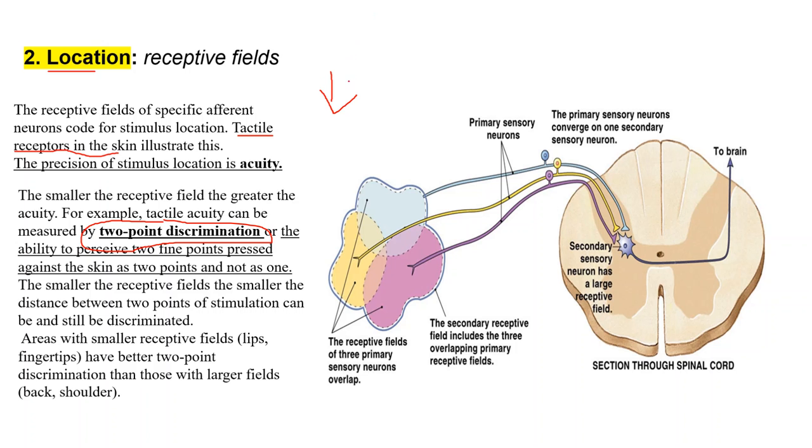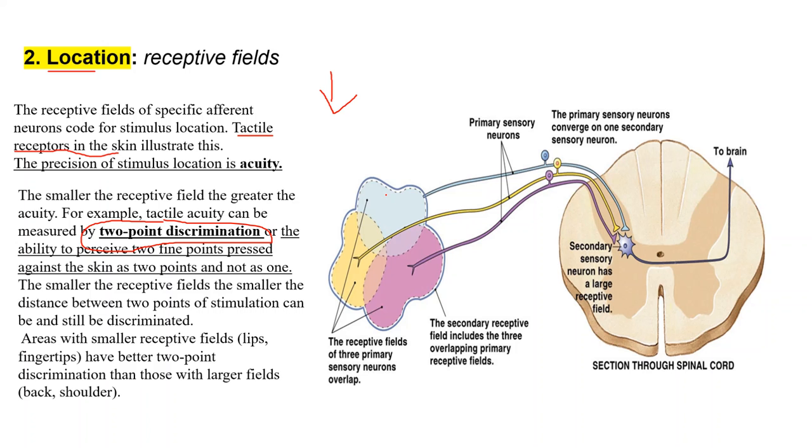Okay, and so there are areas where the acuity is higher than other areas, and so the precision of the stimulus is different. So in general, we can say that the smaller the receptive fields, the smaller the distance between two points of stimulation that can be discriminated.